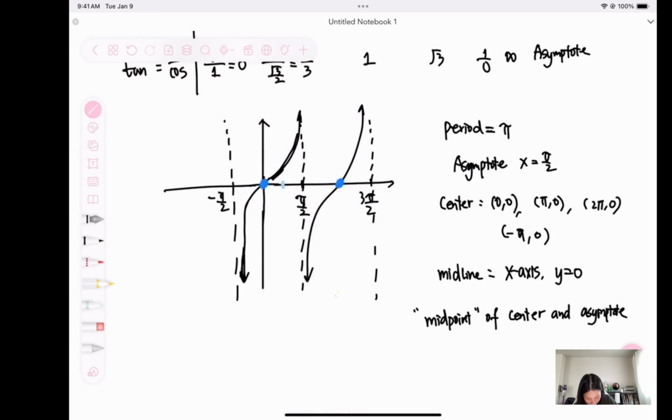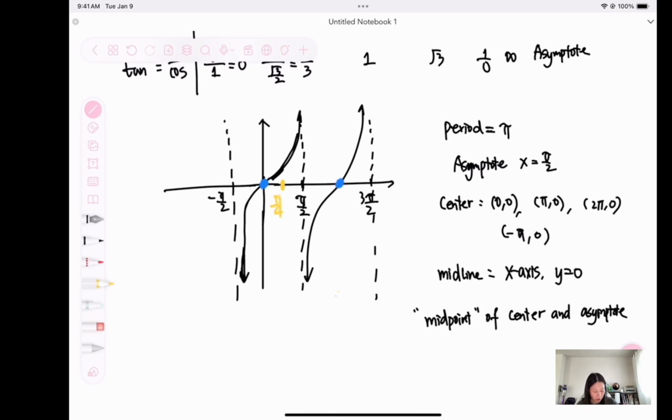This one. So it's a yellow. So the middle from 0 to pi over 2 should be what? Pi over 4, correct? So that means the midpoint of the center and the asymptote is pi over 4.